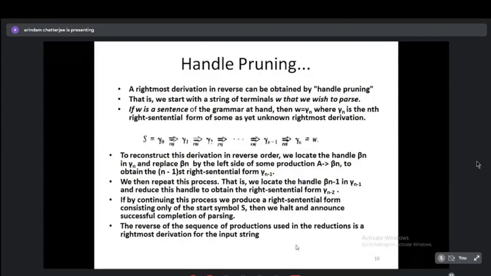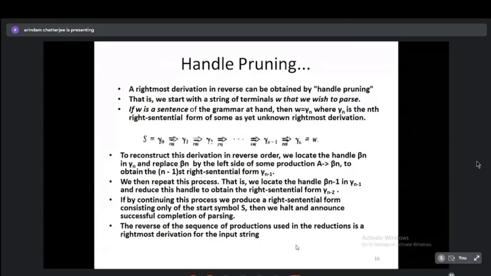So if W is a sentence of the grammar, then W is gamma n. W means consisting only of terminals. Gamma n is the nth right sentential form of some as yet unknown rightmost derivation. So if you look at the derivation, S equal to gamma 0, gamma 0 produces gamma 1 in a rightmost manner, followed by gamma 2 ... gamma n.